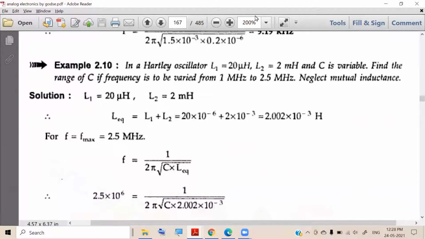It is a simple calculation. We should not waste more time on simple calculations, isn't it? In the exam, you have to write a lengthy paper, so you have to be fast. Always practice speed and accuracy; both should be there. You should be doing it very fast, and that is speed.